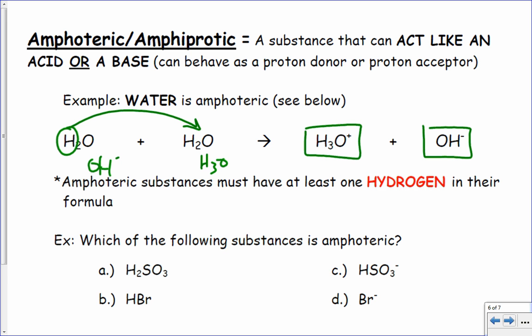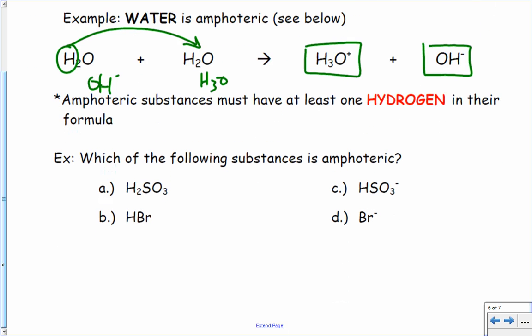Okay. Which of these are amphoteric? HBr. No. Br minus. No. HSO3. So do it out. HSO3 goes to H plus SO3.